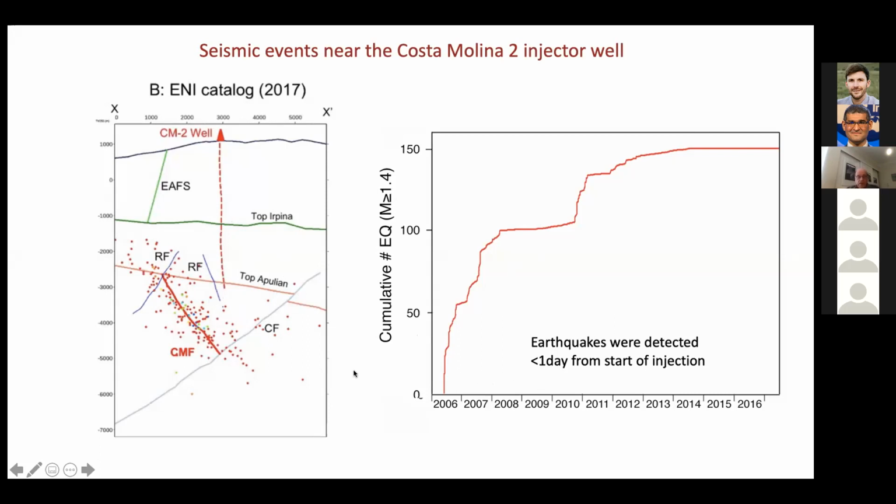An interesting thing is, even though it's roughly a kilometer from the injection site, earthquakes were detected in about one day from the start of fluid injection. So it's thought that, since it's a carbonate sequence, there were some very cavernous structures that conducted the fluids to the fault quite quickly.